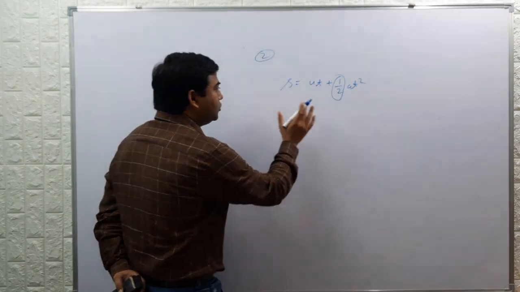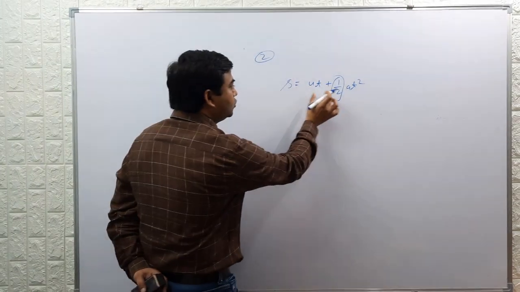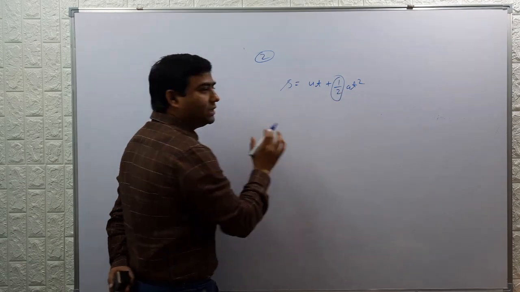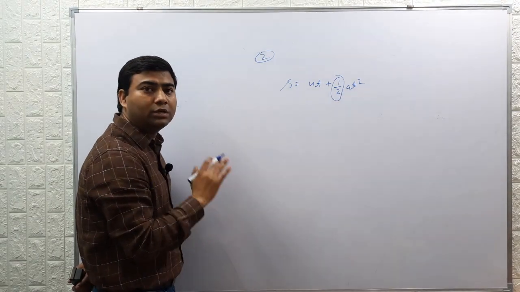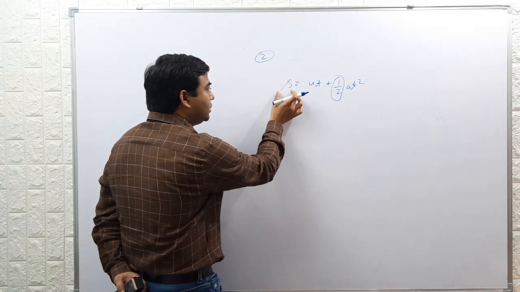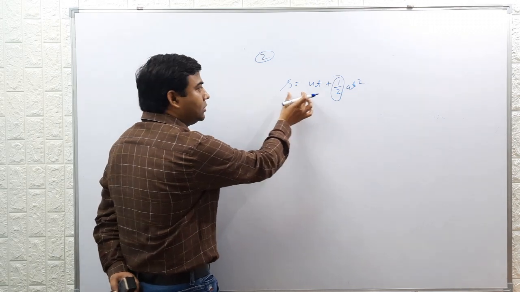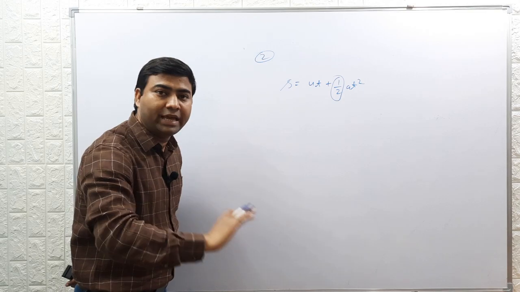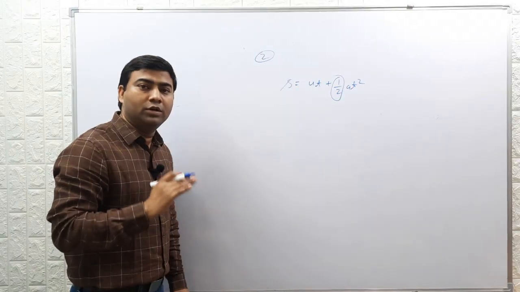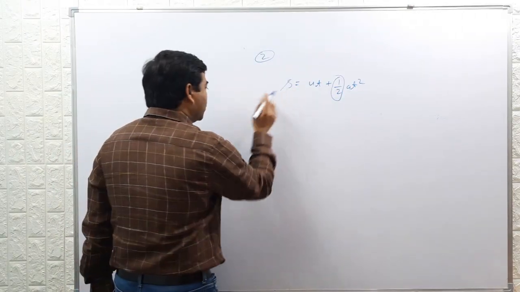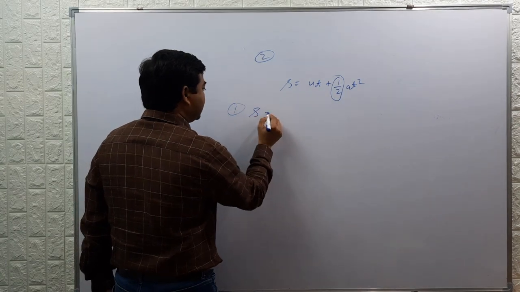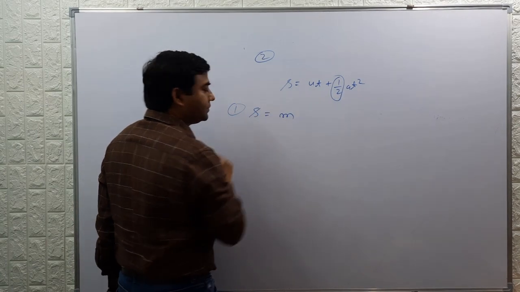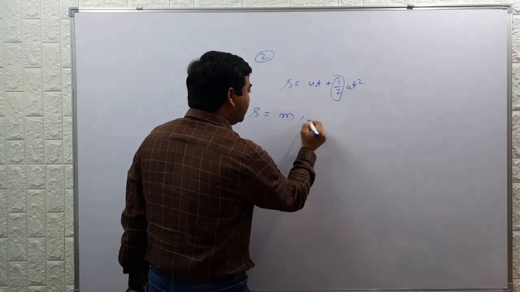So these quantities being added will have the same dimension or unit. So the unit of S, that is displacement, the unit of ut, and the unit of at square will be the same as per the principle of homogeneity.